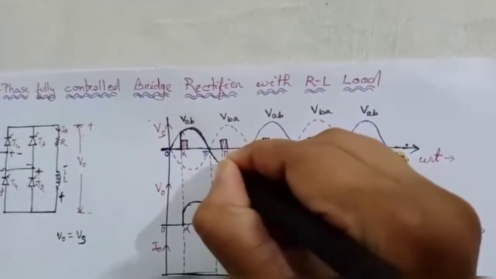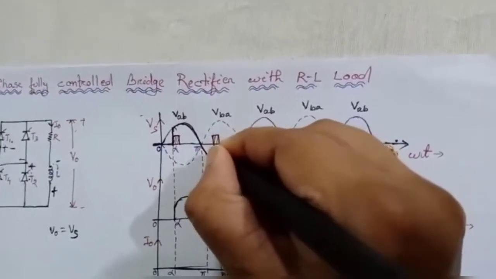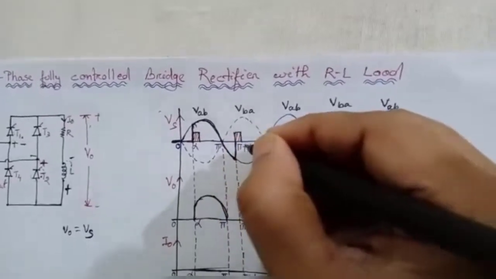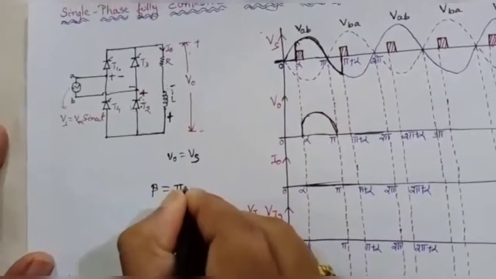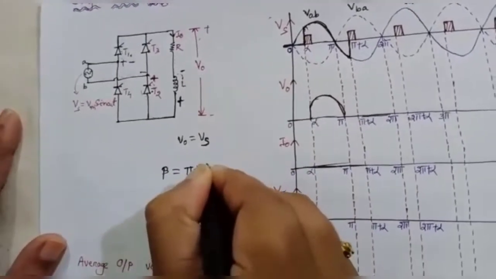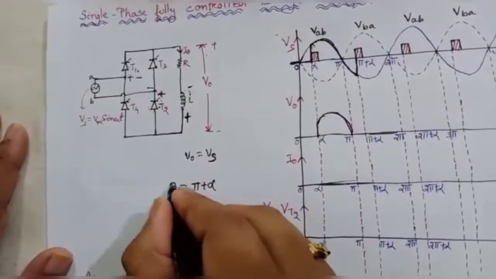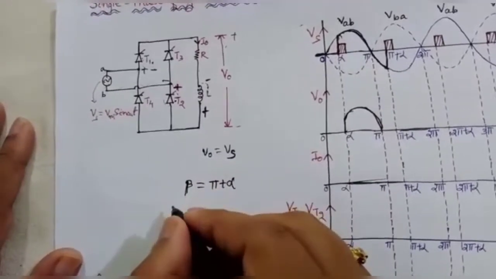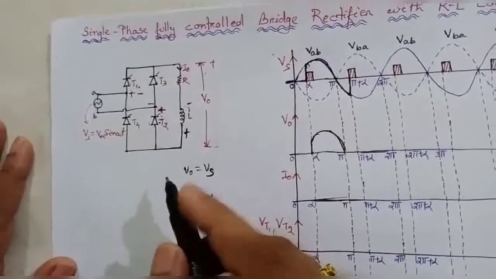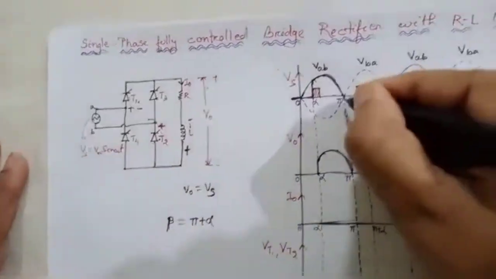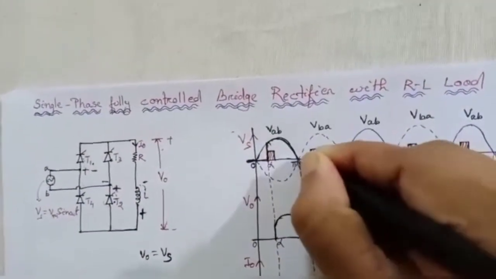Here we have assumed that the extinction angle beta is equal to pi plus alpha, for assuming continuous conduction mode. Beta is known as the extinction angle of the converter. Up to beta the thyristors are turned on. That's why we get this much negative voltage in the output.